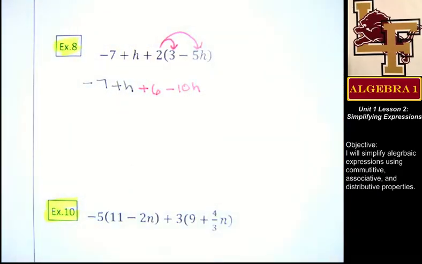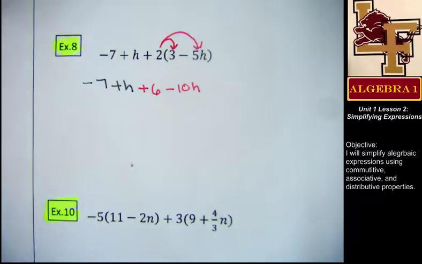And now, this becomes exactly like what we did on the front side of the page. Find your like terms, commute, move them around, associate things to add and subtract those like terms. Okay?